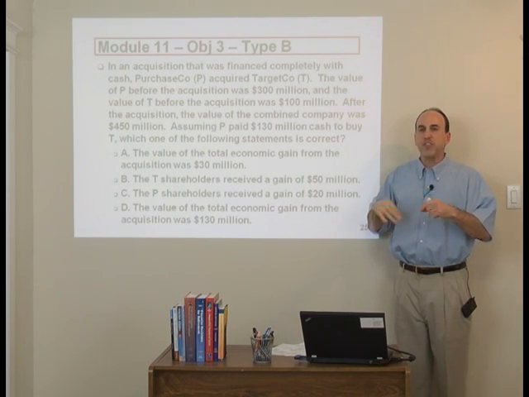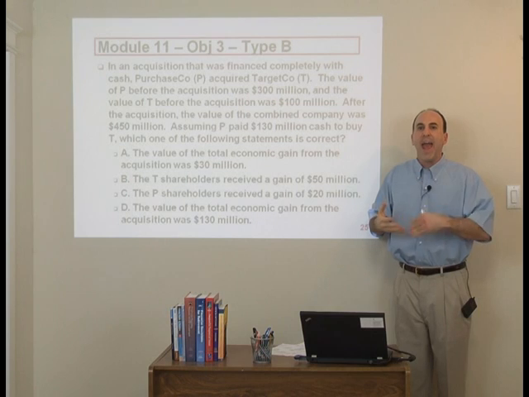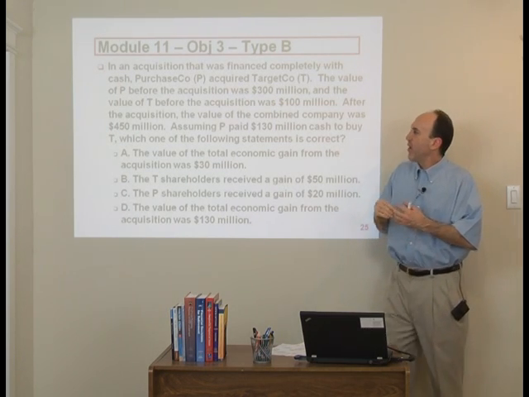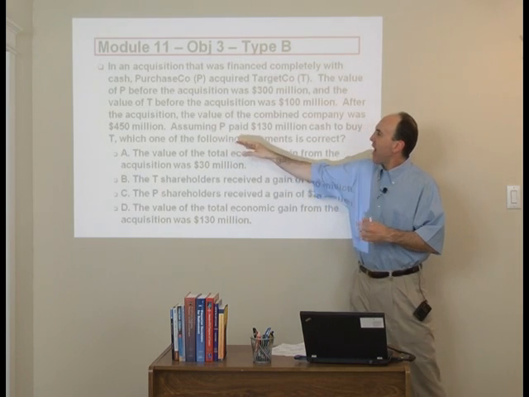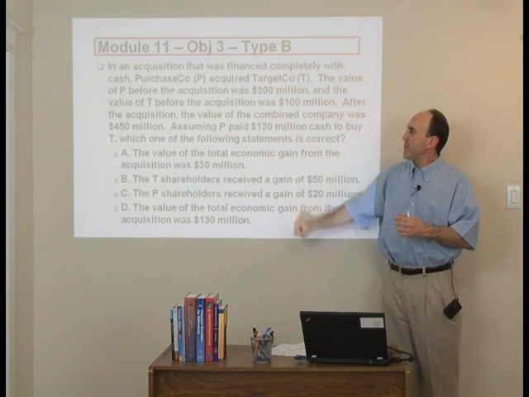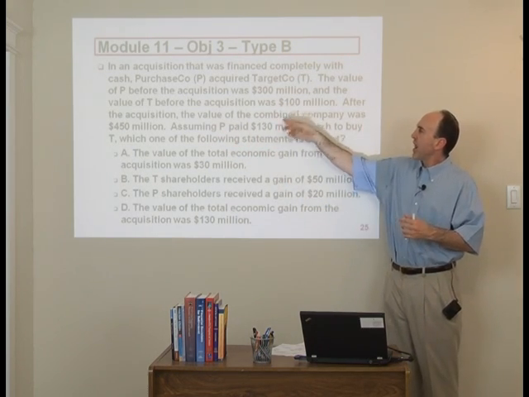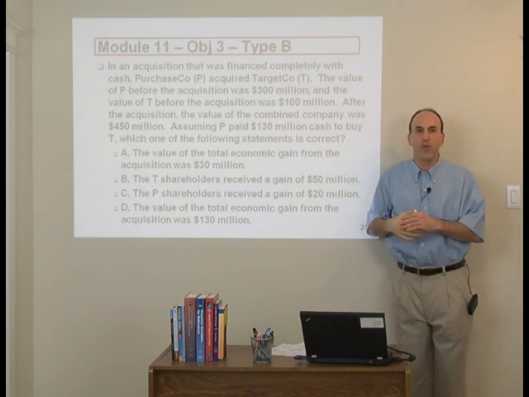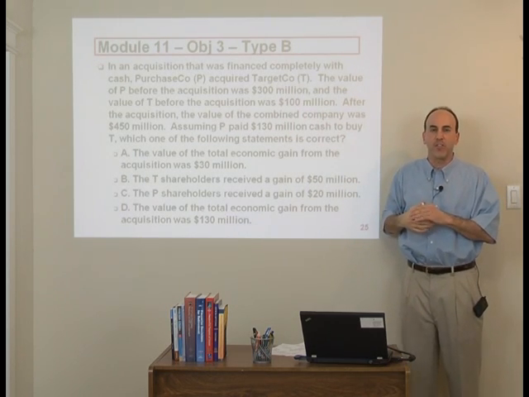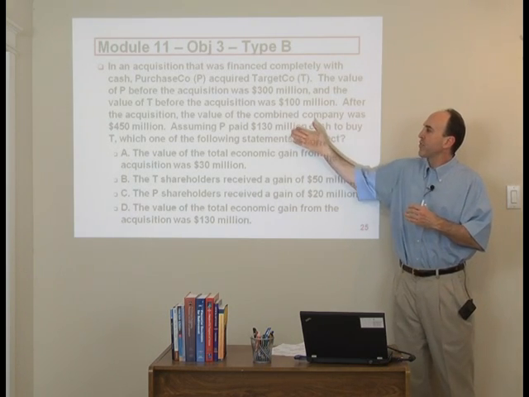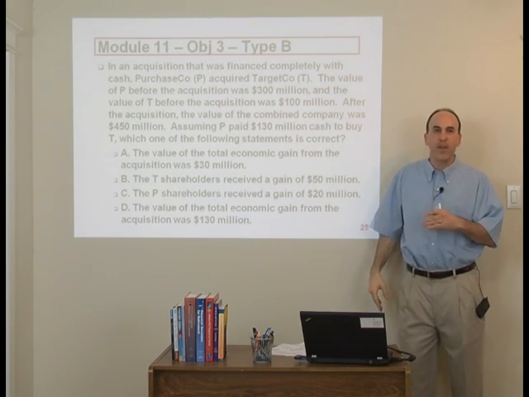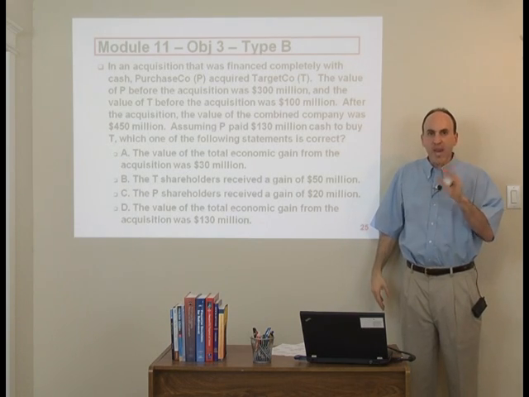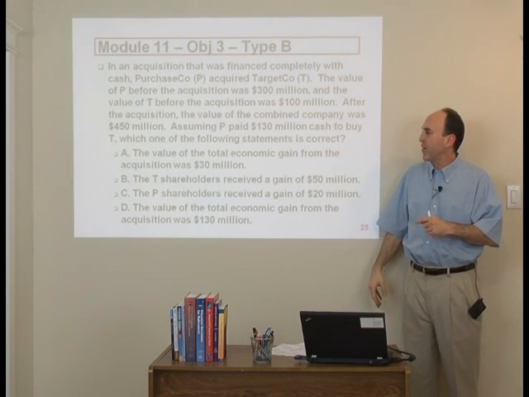That means that the shareholders of the purchaser had a gain of $20 million. Does that make sense? We know that the economic gain was $50 million, and there was a $30 million gain that went to the target shareholders, which means the other $20 million of that gain went to the shareholders of the parent, of the purchasing company, okay? So let's keep that in mind as we go through these answers.